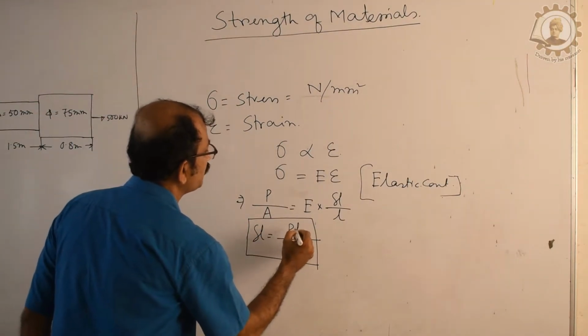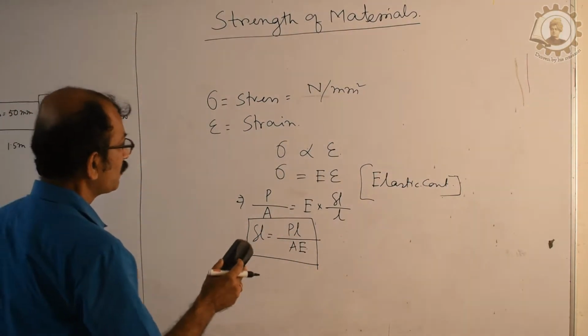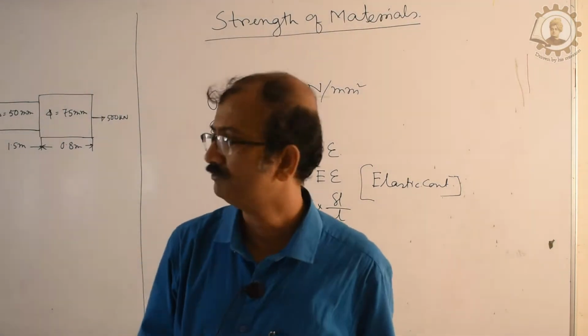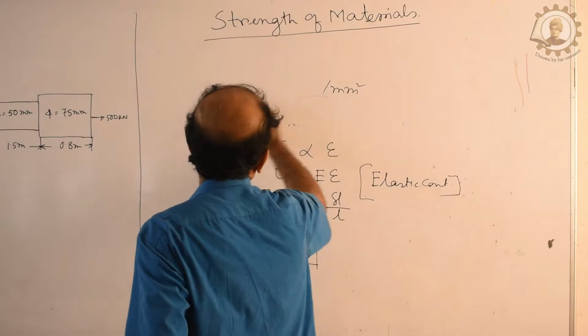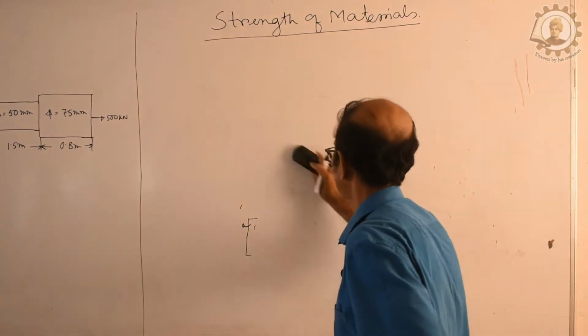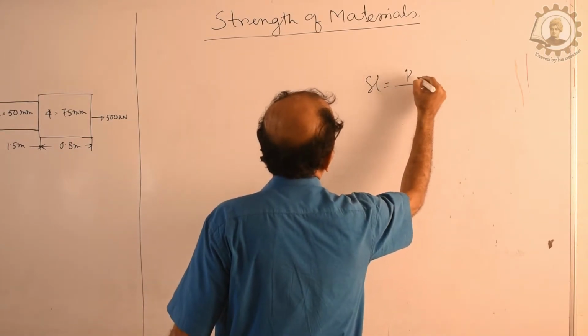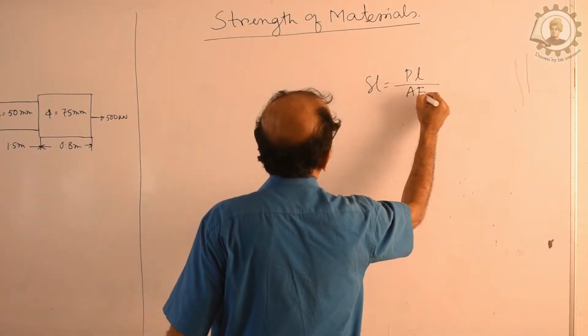So del L equals PL by AE. Now with the help of this formula, we will solve a few problems. So this is the formula, del L equals PL by AE.